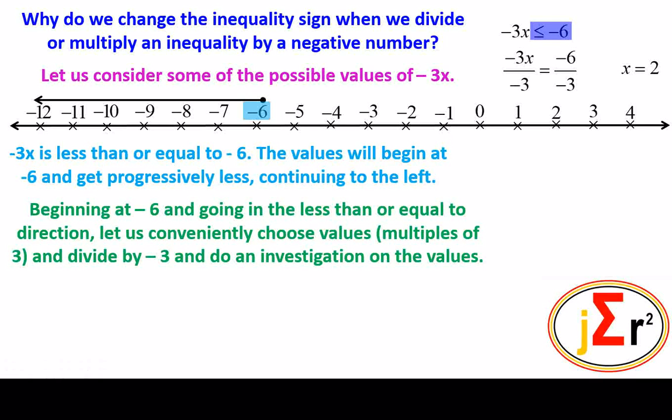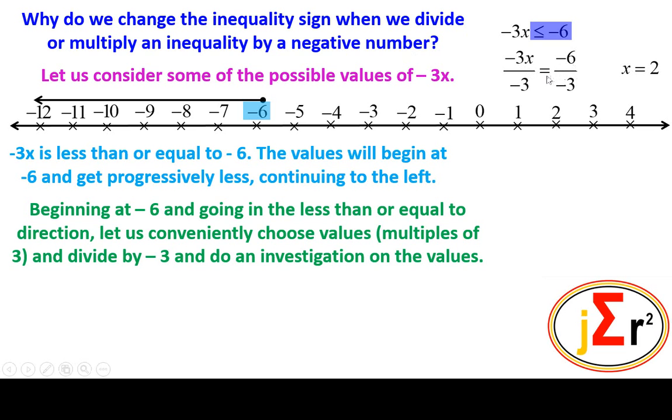of the equation. Now what we have here is an inequality, but we can use an equation to prove our point. Because if negative 3x is less than or equal to negative 6, then negative 6 is a possible value. So one of those values of negative 3x will actually be negative 6.